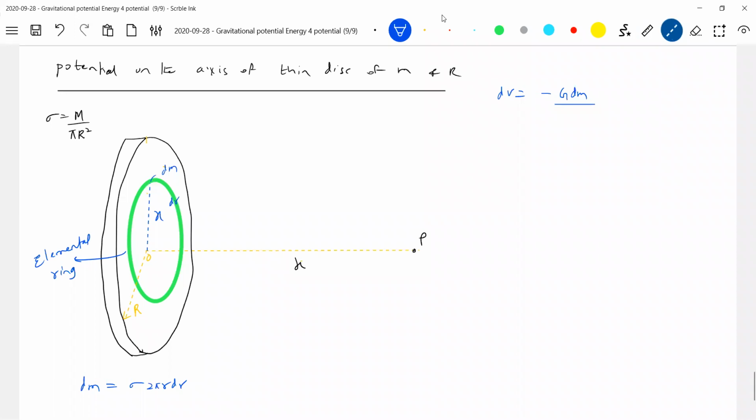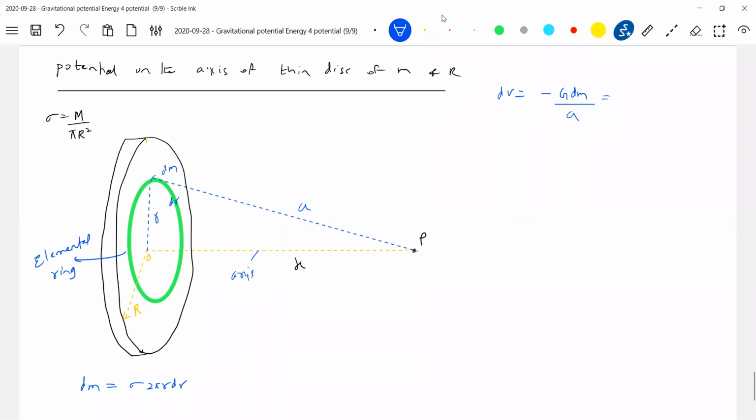This is smaller r. I think we can write it. This is a. Let the radius of that elemental ring be smaller r, and x is the distance on the axis.